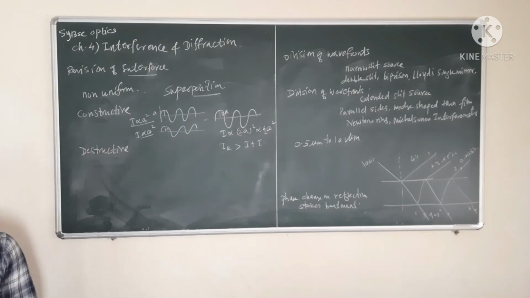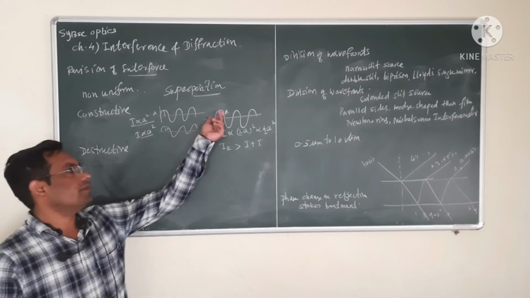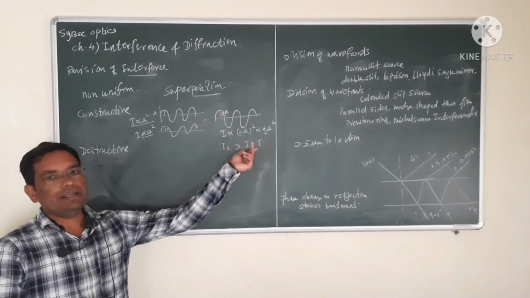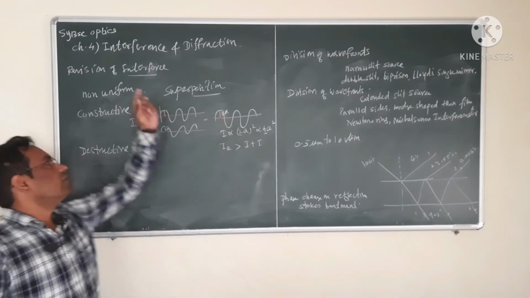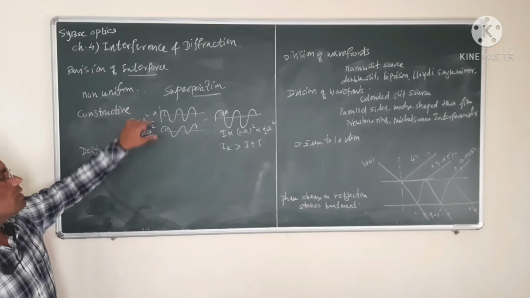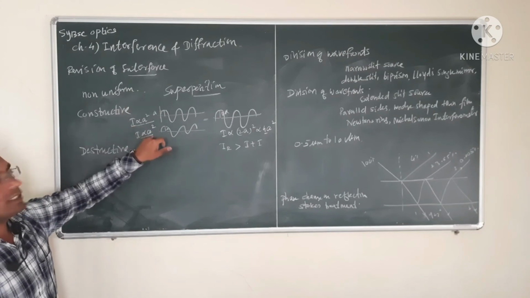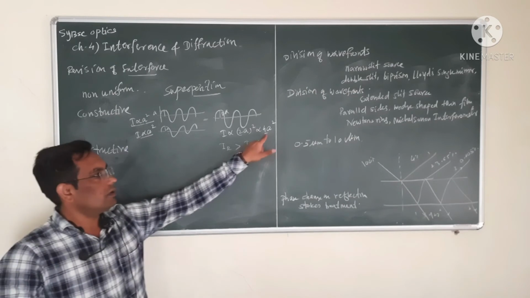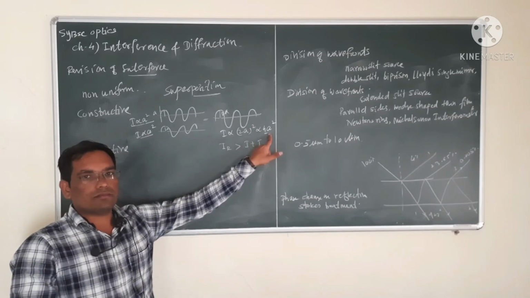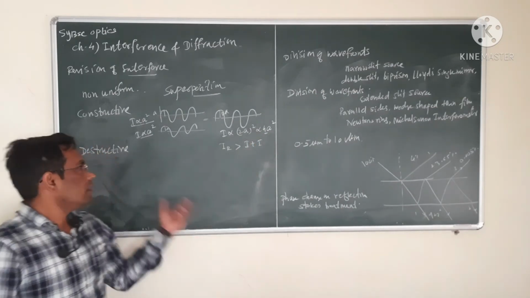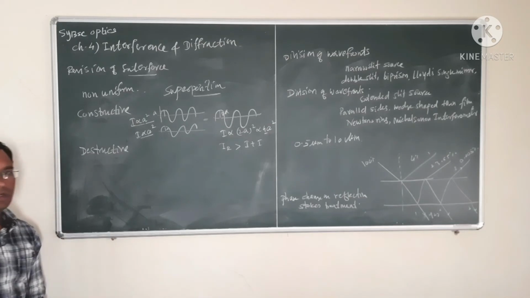That's why this is known as constructive interference, because intensity of resultant wave is greater than addition of intensity of two waves. If you add intensity of these two waves, it becomes a square plus a square, that is 2a square. But here we will get 4a square. Okay. Now next one is destructive interference.